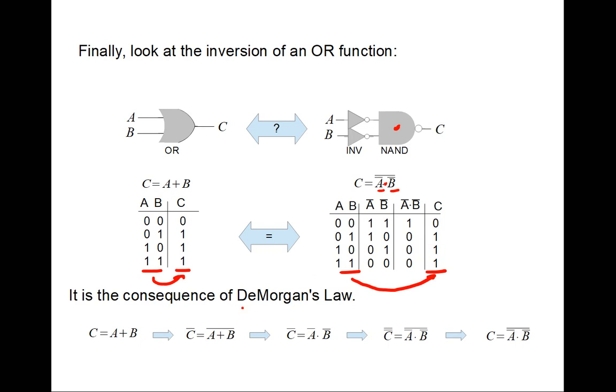And this is a consequence of something called De Morgan's law. De Morgan's law says that basically we can go from an OR function to an AND function by clever use of inversion. And so the Boolean algebra statement on this is our OR function.